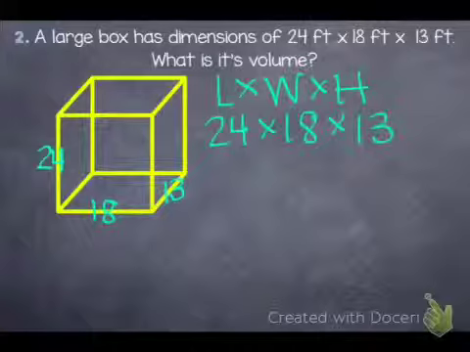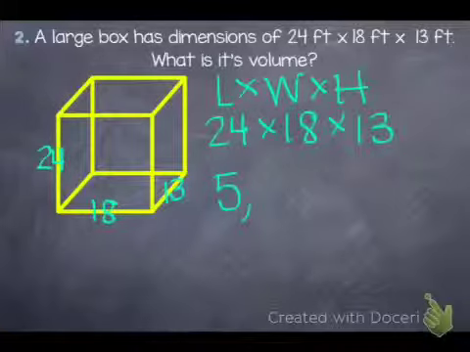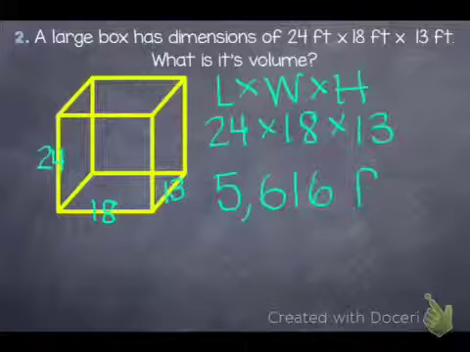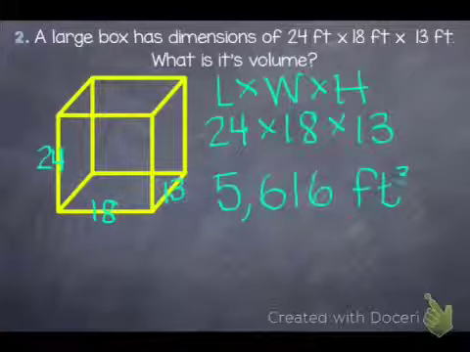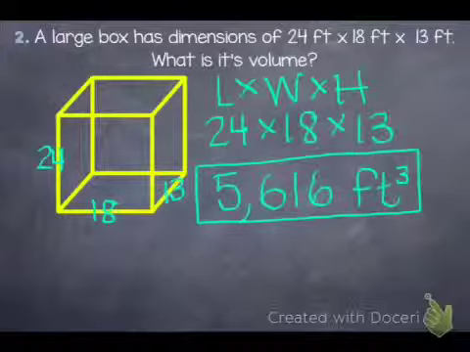And then you just multiply them out, and you're going to have a big number. So we get a total of 5,616. And this time we're measuring in feet, and because it's volume, we're going to have cubic feet. So 5,616 cubic feet is our total volume.